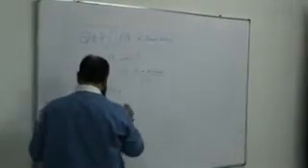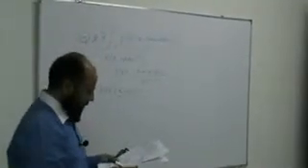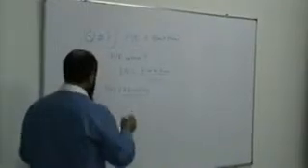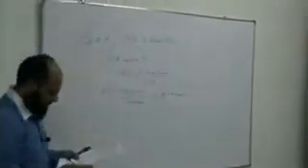The net income is 2 million. Earning per share is equal to net income divided by number of shares. So net income is 2 million divided by 500,000 shares, which is $4 per share. So earning per share is $4 per share.